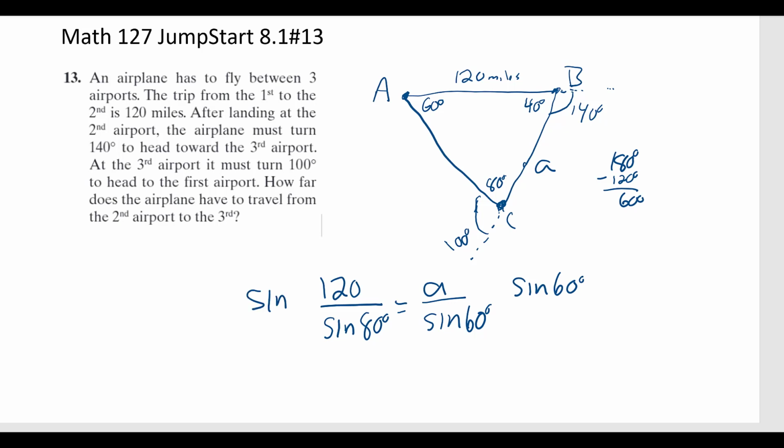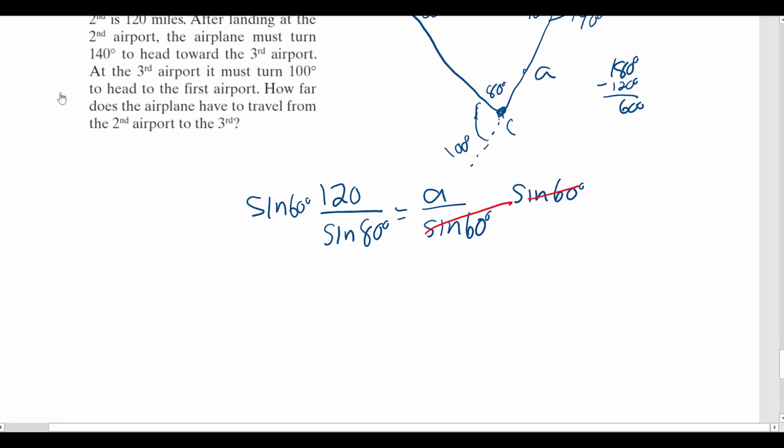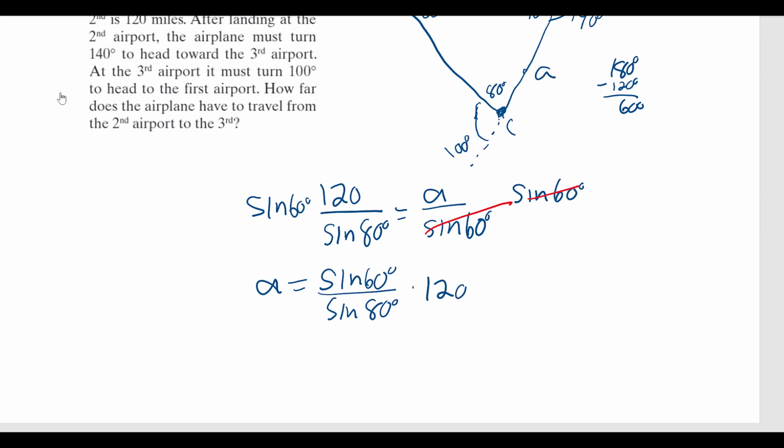Make sure your calculator's in degree mode so that these divide out, and we'll have a equals sine 60 over sine 80 times 120. Since sine 60 is less than sine 80, we know it's going to be less than 120.